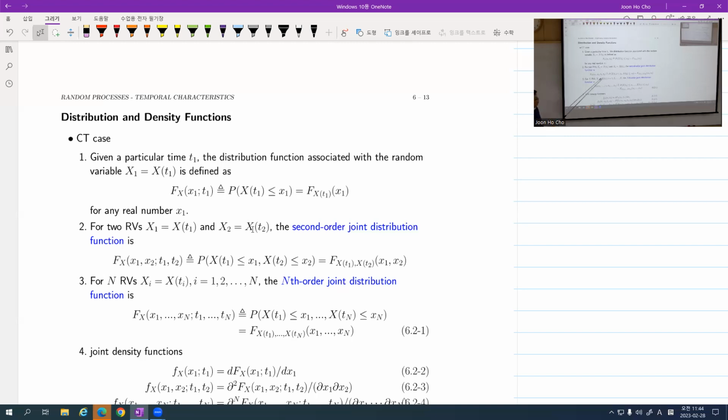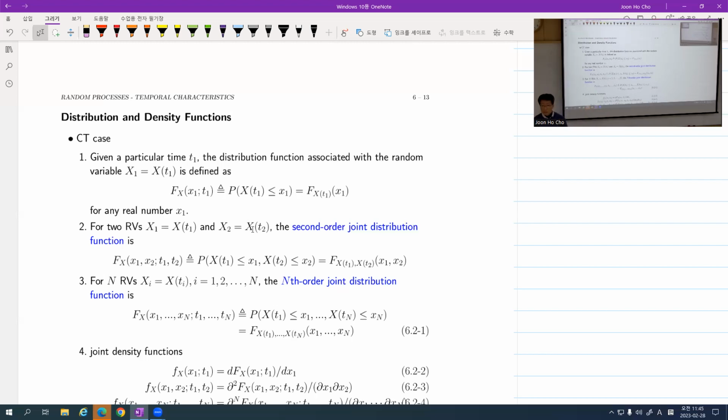Then what is the second order CDF? Suppose you choose two time instances, t1 and t2. And then you have what? You have two random variables, right? Given a single continuous time random process, if you sample at two same or even different time instances, then you have two random variables. And if you want, you may denote them as x1 and x2.